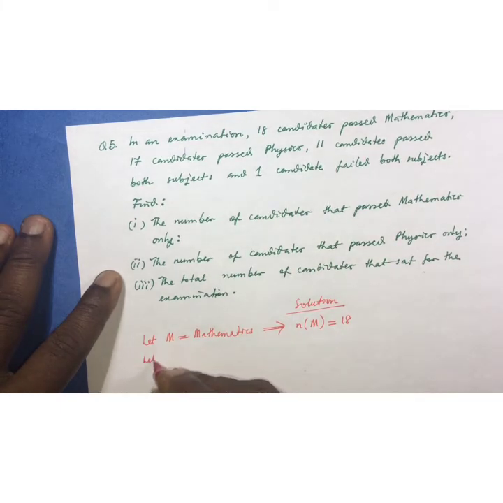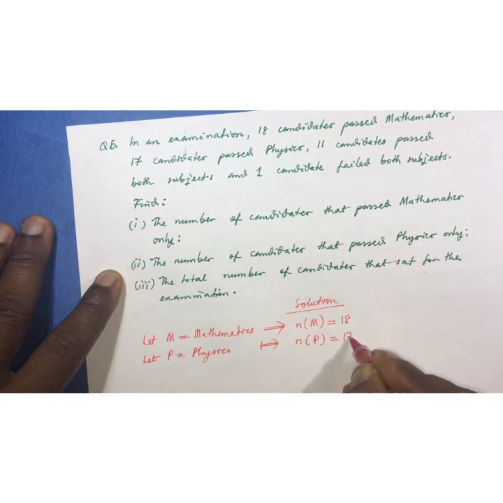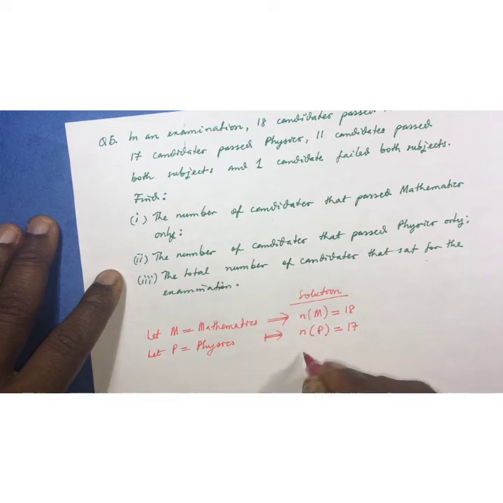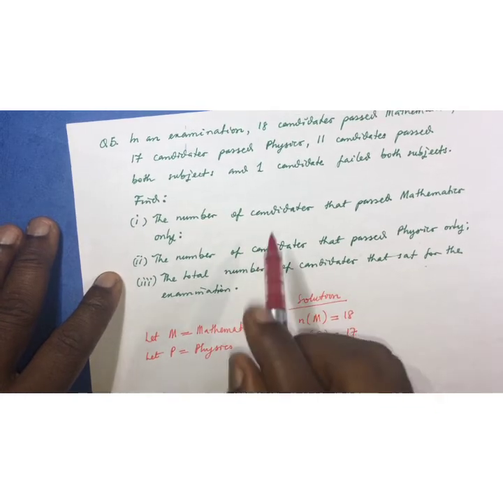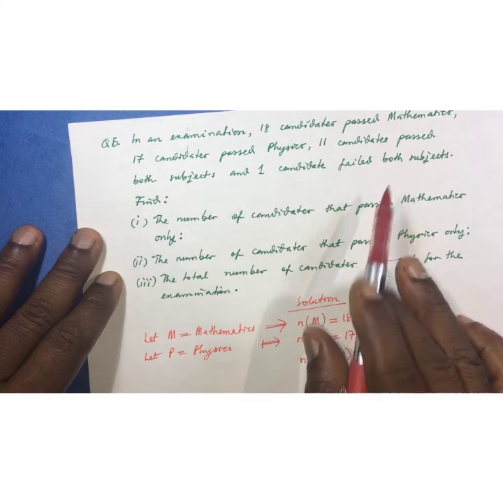So let P represent physics, and that would imply that n(P) is equal to 17. Now, 11 candidates passed both subjects. So that would mean n(M intersection P) will be 11. Then one candidate failed both subjects.